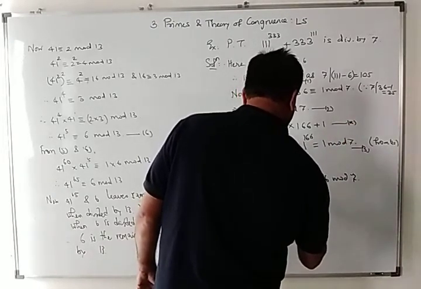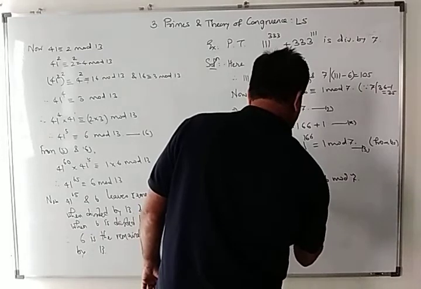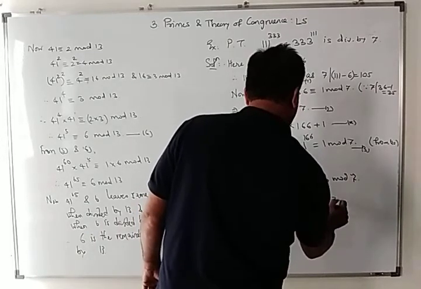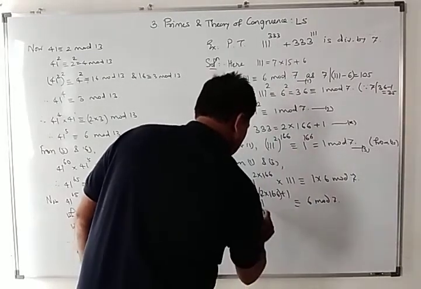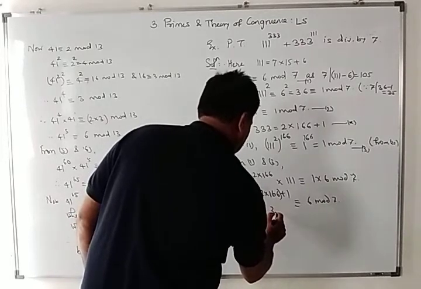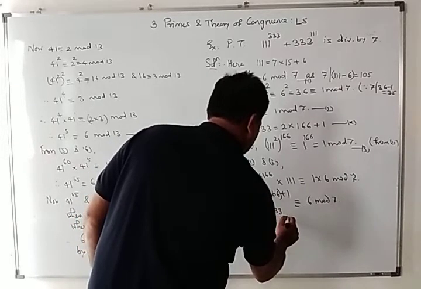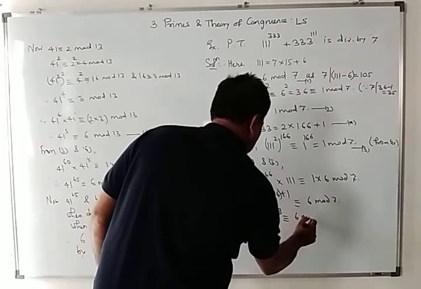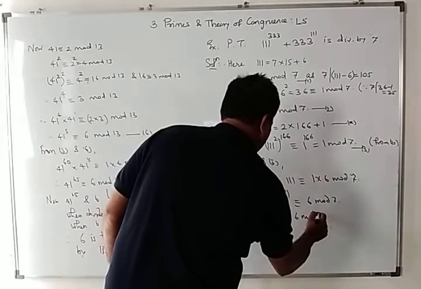What will this be? Is congruent to 6 mod 7. So 111 raised to 333 leaves the remainder 6 mod 7.